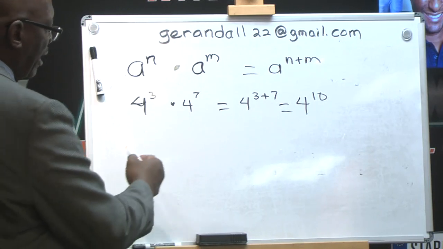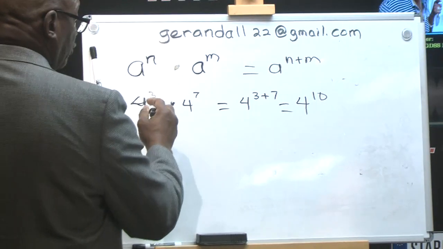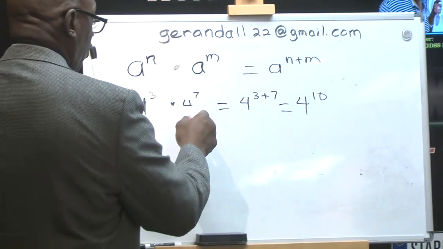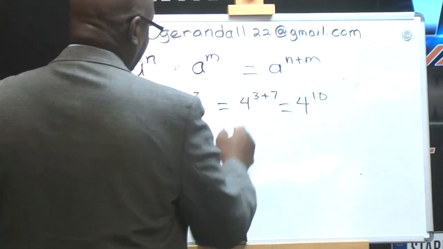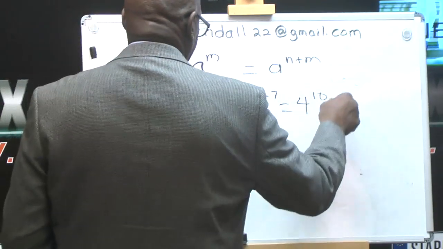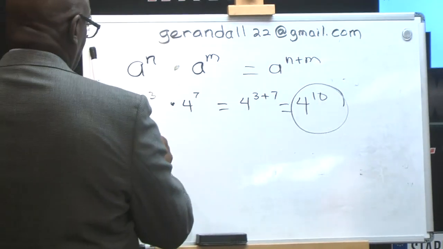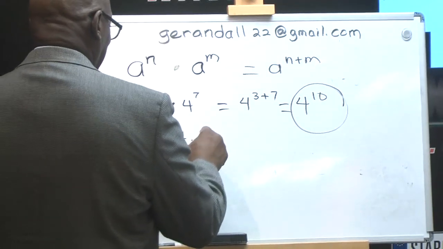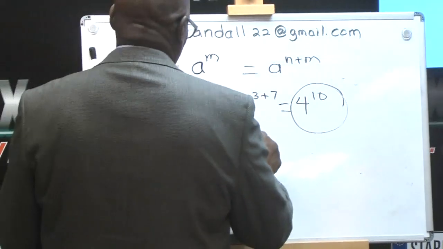So now with numbers, we have 4 to the third power, or 4 cubed, times 4 to the 7th power. What you do is repeat the base and add the two exponents, and you'd have an answer of 4 to the 10th power. Of course, that would mean that we multiply 4 times 4 times 4, that's 3 fours, and then 7 more fours.